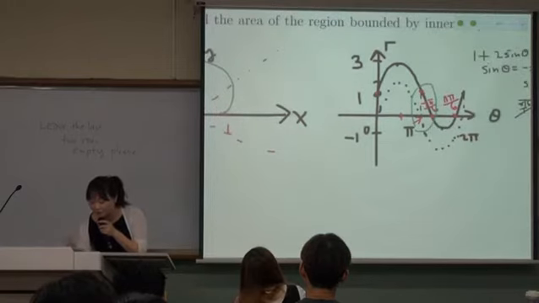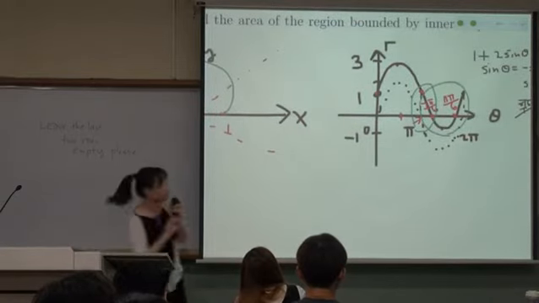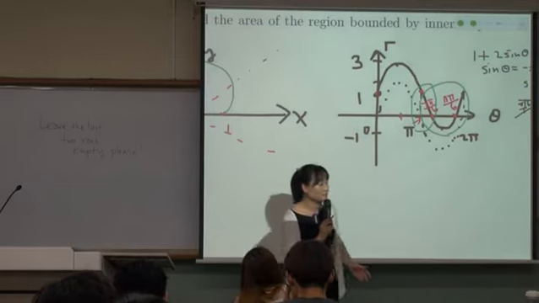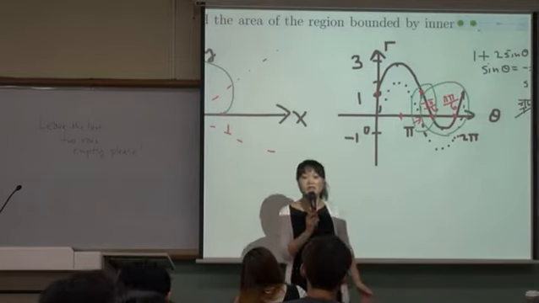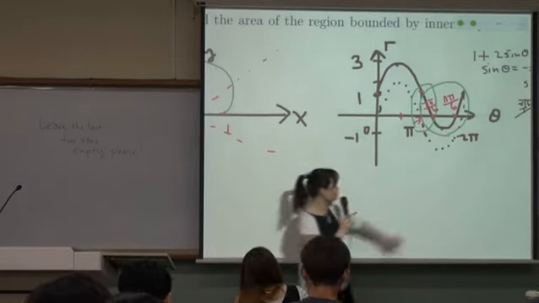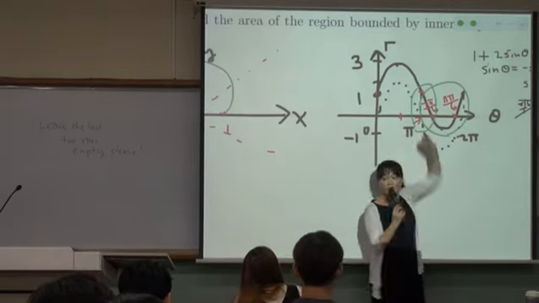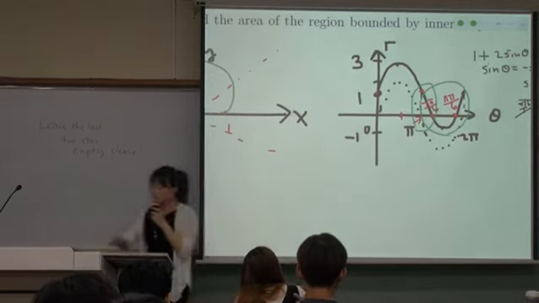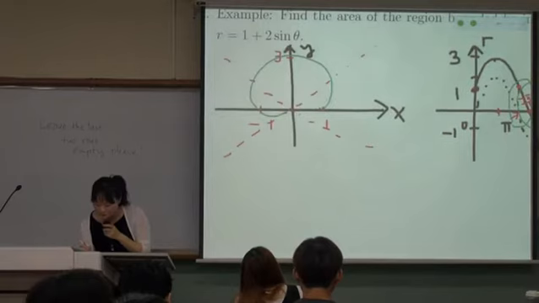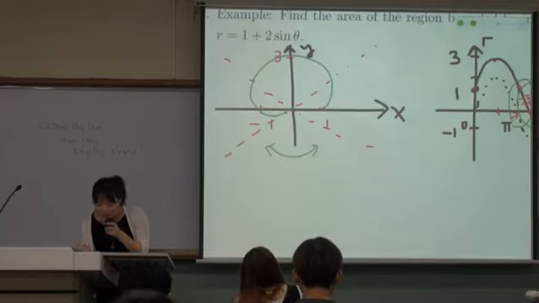And between 7 pi over 6 and 11 pi over 6, which loop do I have? Positive loop or negative loop? Negative loop of the height 1. So my region is here, but it is a negative loop. So I have to go inside by how far? By 1.